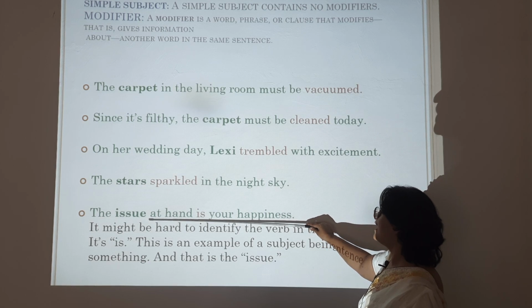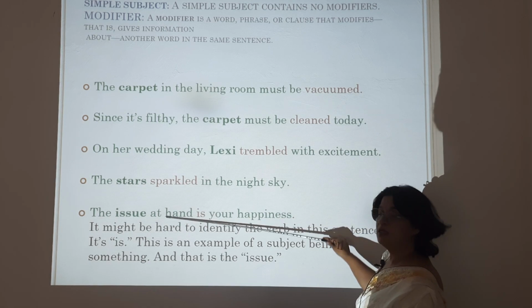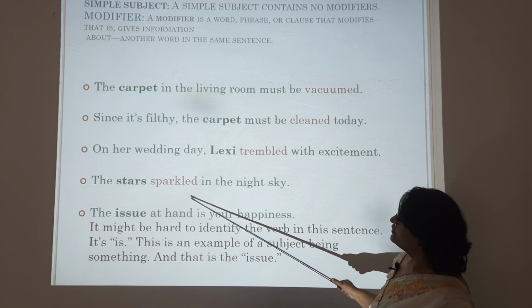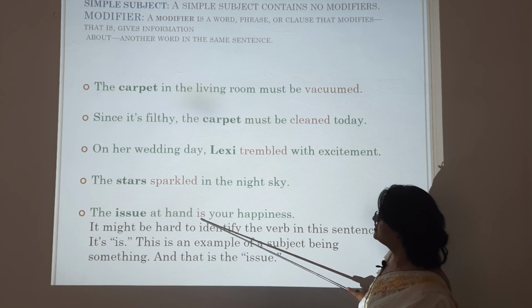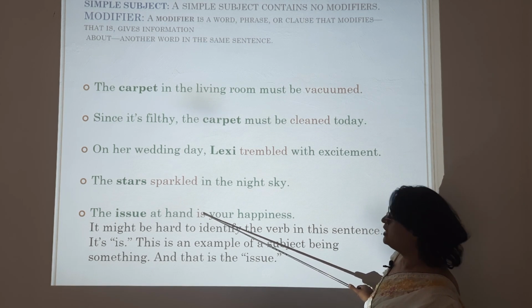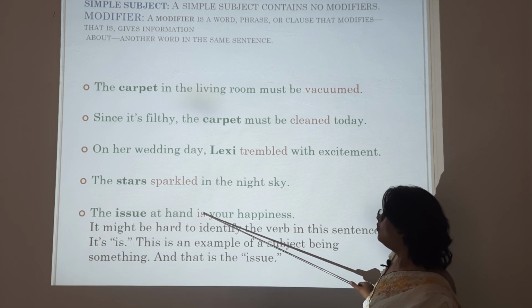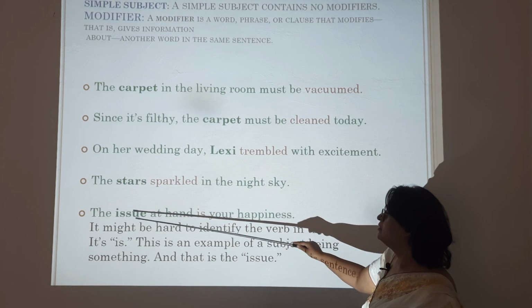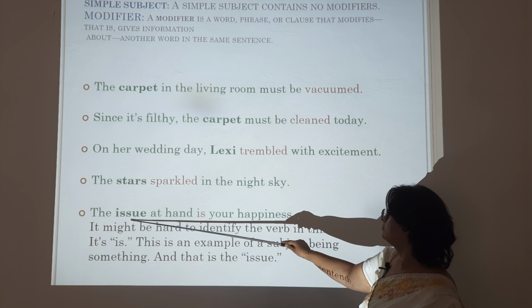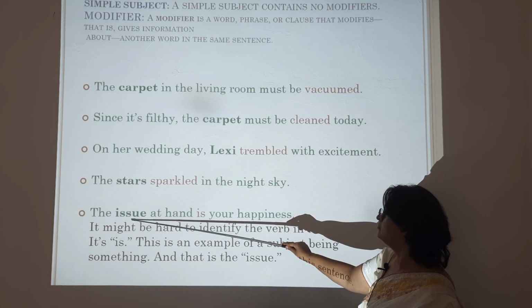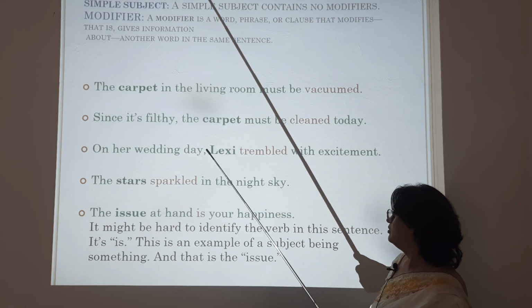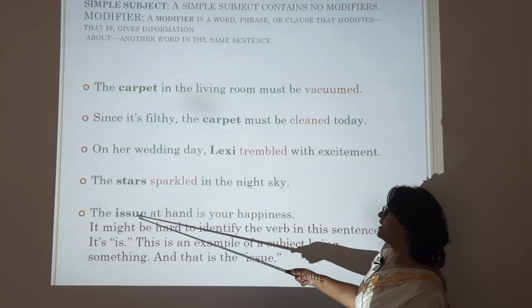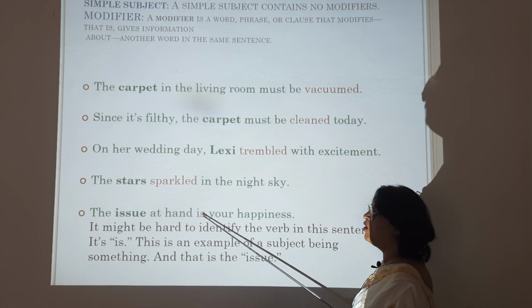The issue at hand is your happiness. Here, what is the verb? The verb is. So, what is your happiness? The issue. Okay, so this becomes the subject, this is the verb.